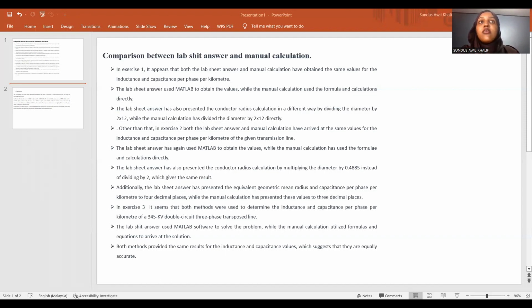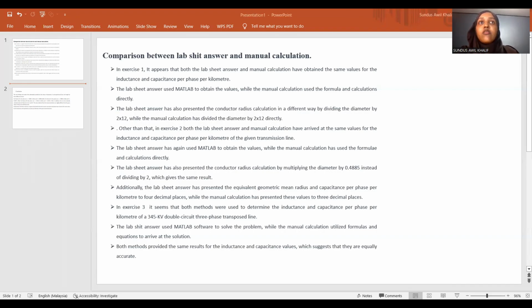Other than that, in exercise 2, both the lab sheet answer and the manual calculation have arrived at the same value for the inductance and capacitance per phase per kilometer of the given transmission line. The lab sheet answer has again used MATLAB to obtain the values, while the manual calculation has used formulas and calculations directly.